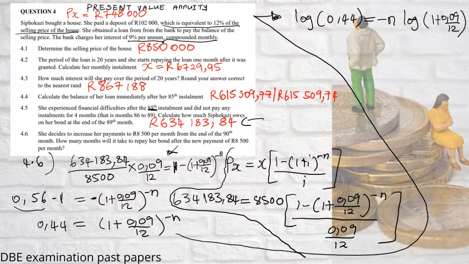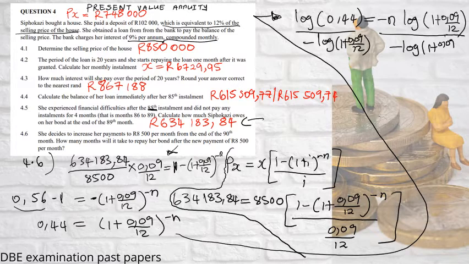So in order to solve n, we're going to divide both sides by minus log 1 plus 0.09 over 12. So we can get the answer there. Okay, when we solve n, our n will be 109.74.